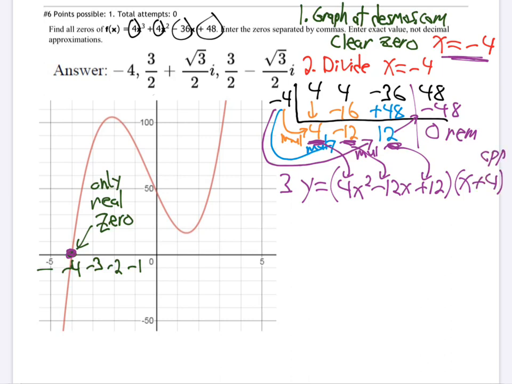Remember, opposite, whenever you take an answer and you put it in parentheses next to an x, a single number, in parentheses next to x, it's always opposite of the real number it is. So x plus 4. Okay, so we're there. We've broken down the function to these two guys. If I multiplied these out, it would go back to be this original function.